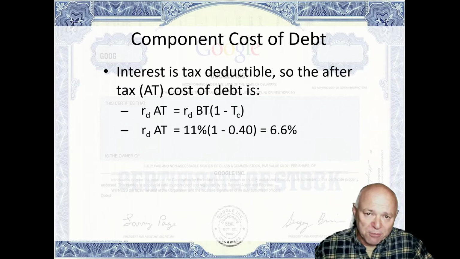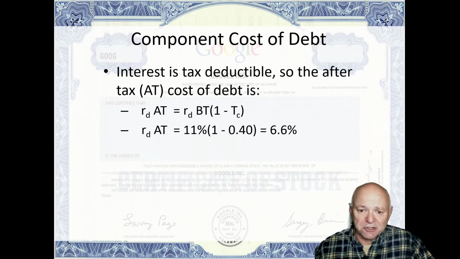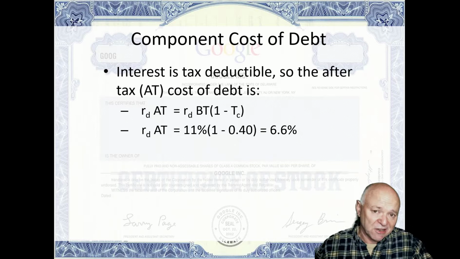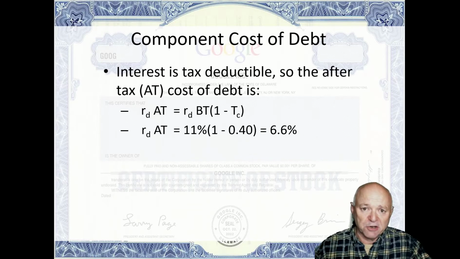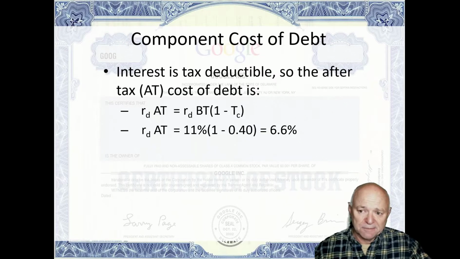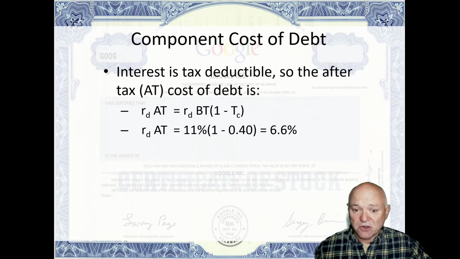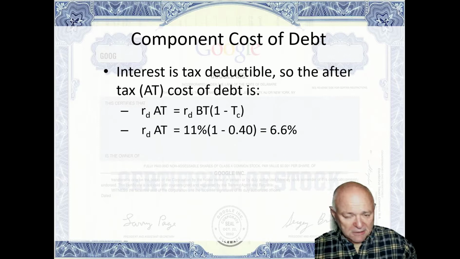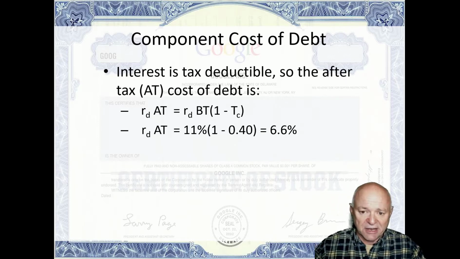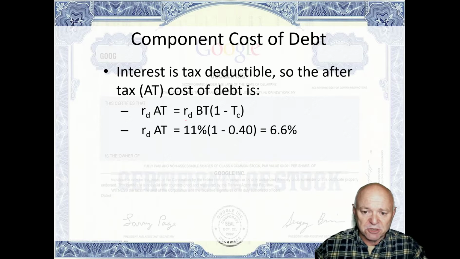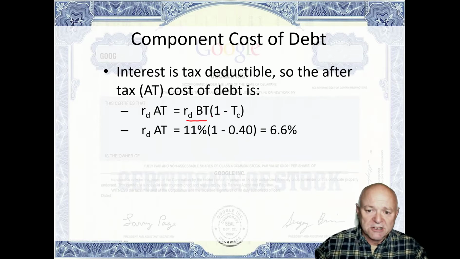We also have to remember that interest is tax deductible, and that tax deduction can be significant if your company is paying 30 or 40% corporate tax. So we don't want to ignore that. We're interested in the after-tax cost of debt, and the after-tax cost of debt is simply the before-tax cost of debt, that's the yield to maturity before tax, times 1 minus the corporate tax rate.